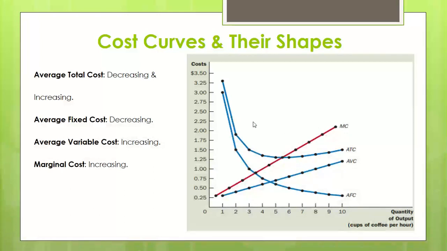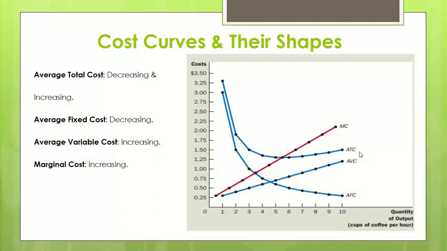Going to the explanation, first of all, look at the average total cost curve. As you know, average total cost is the sum of average fixed cost and average variable cost. That means average total cost is equal to average fixed cost plus average variable cost.